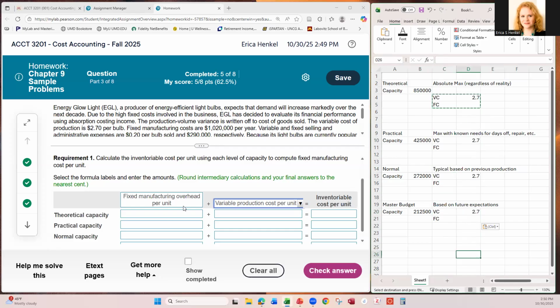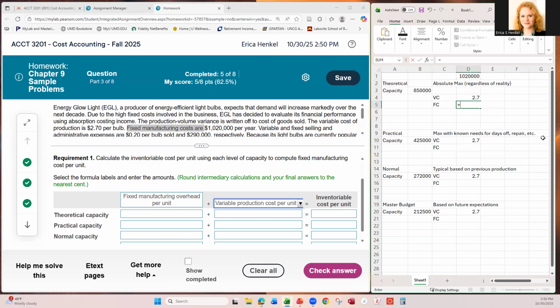So to get the fixed manufacturing overhead, we're just going to take that fixed manufacturing cost of 1,020,000 per year and divide it out based on our capacity, 850,000. Actually, you know what I'm going to do here? Let's put that up at the top and we can link to it.